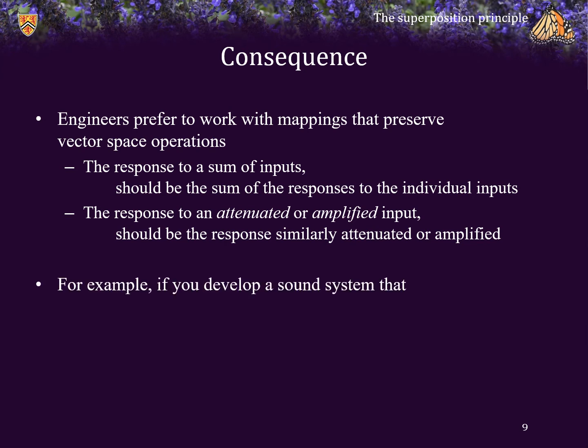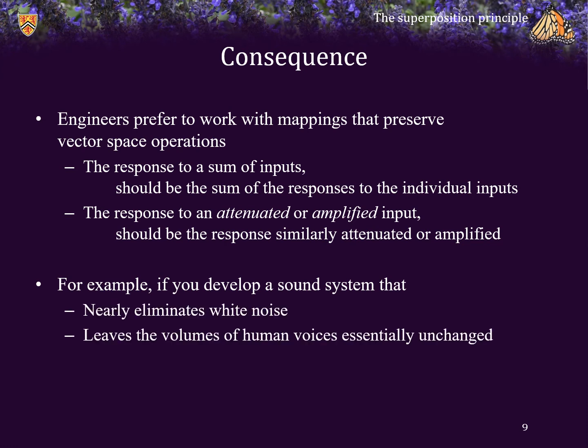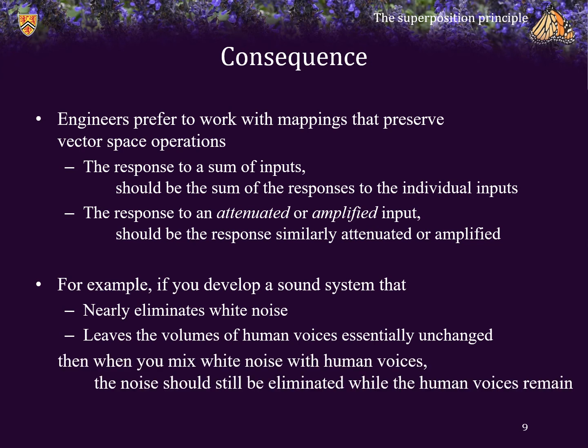For example, suppose you develop a sound system that nearly eliminates white noise, however, leaves the voices of humans essentially unchanged. Then, when you mix white noise with human voices, the noise should still be eliminated while the human voices should remain unchanged.